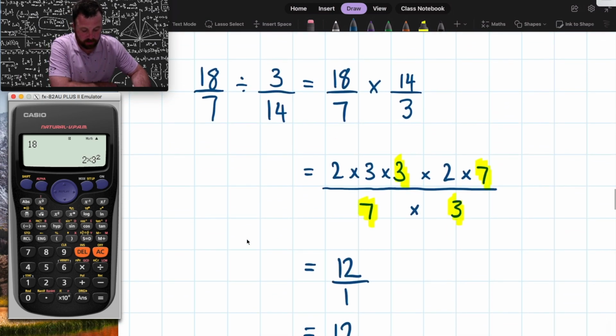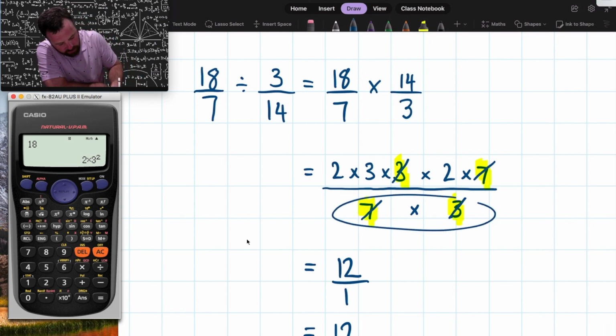And when we do that, 18, I said, was 2 times 3 times 3. 14 was 2 times 7. Look at that. There's a 3 and a 3. I can divide out that common factor. There's a 7 and a 7. I can divide out that common factor. Now there's nothing left in the bottom. I've cancelled everything out.